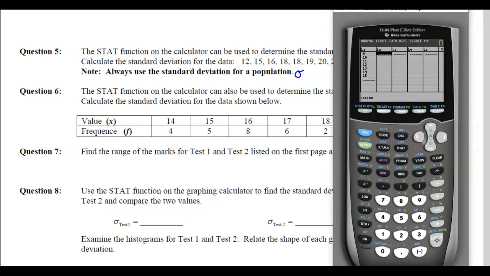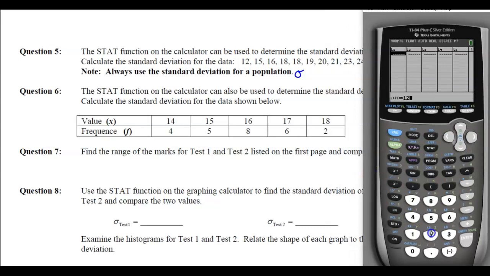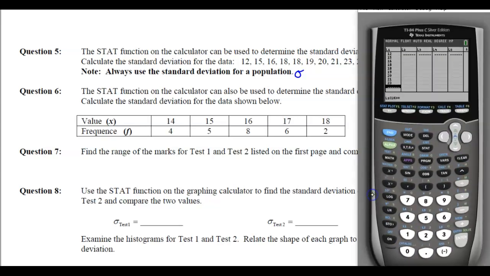We may have to enter them again, but that's okay. So this data, enter just as is: 12, 15, 16, 18, 18, 19, 20, 21, 23, 24, 35.